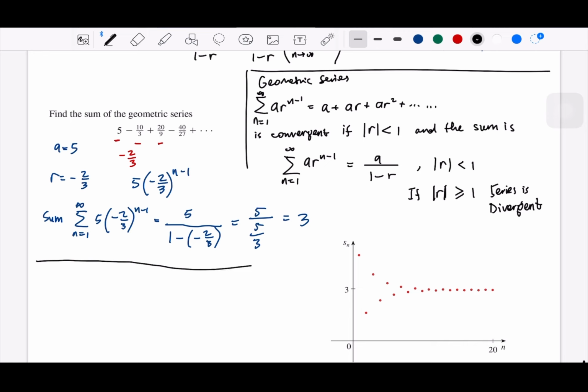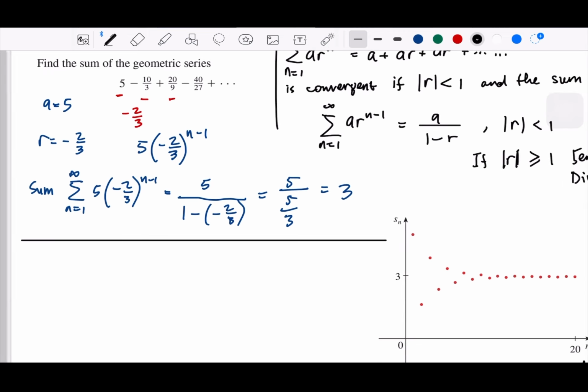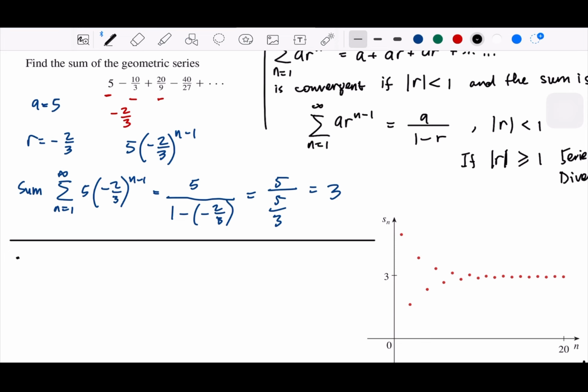Okay, from this geometric series, if we want to make another conclusion, let's say we have an x to the power of n, and we say that the absolute value of x itself is less than 1. Okay? And we could consider this x to the power of n as a geometric series as well.